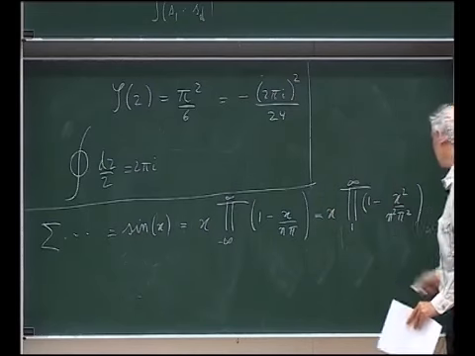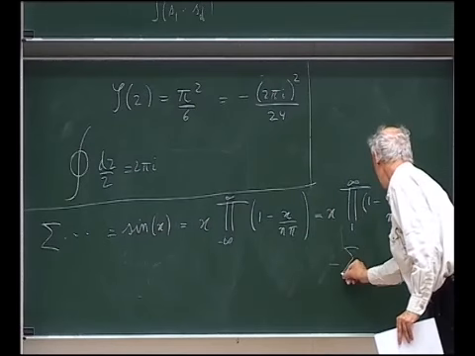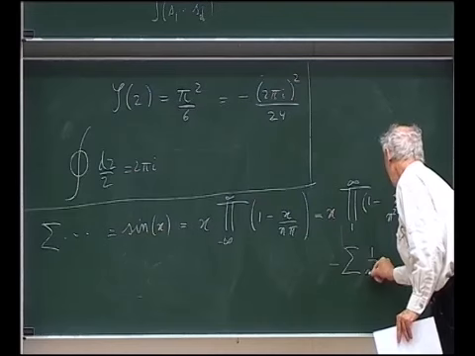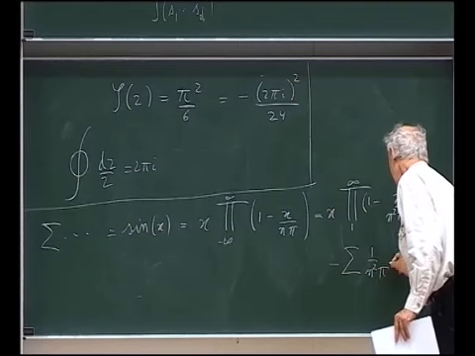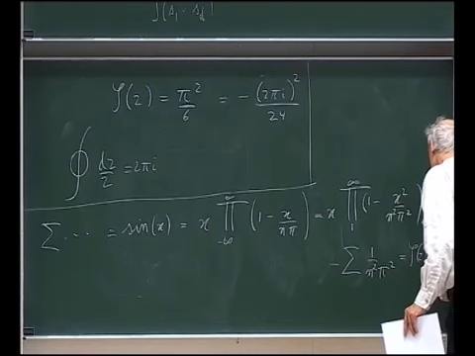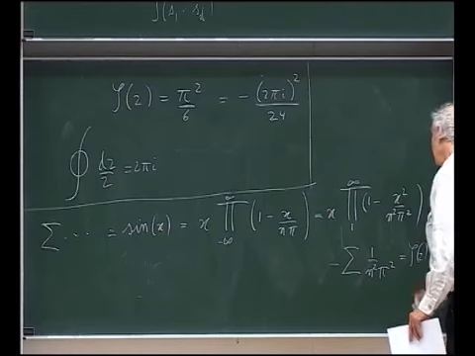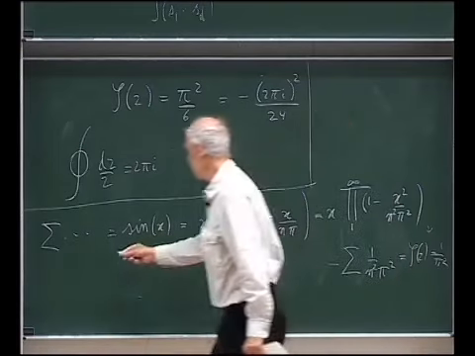and you compare both. So if you look at the coefficient of x cubed, you have one term for each x squared coming up. So from the coefficient of x cubed, here you find the summation of 1 over n squared pi squared.